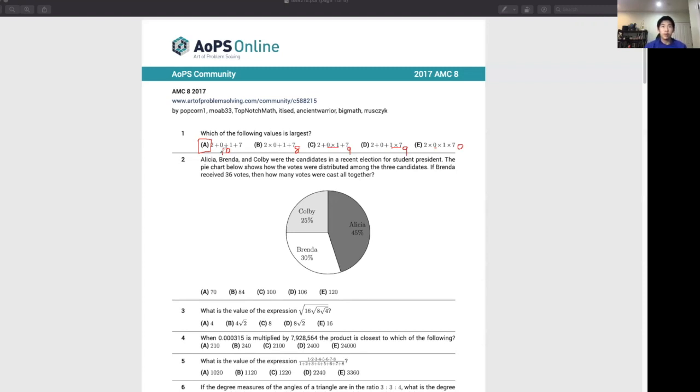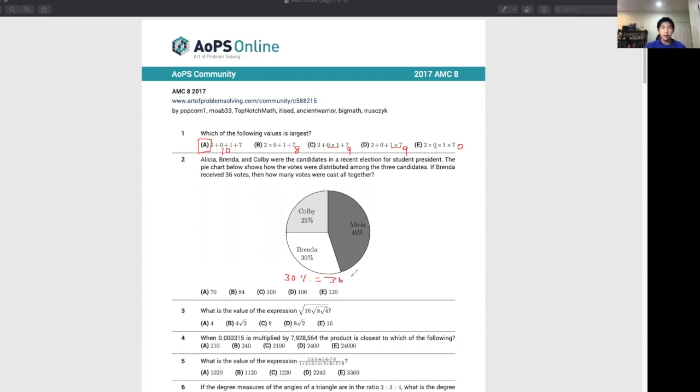Next, we'll go into problem 2. We have a pie chart showing vote distributions for 3 candidates, and the question says, if Brenda received 36 votes, how many votes were cast altogether? What we have from this chart is that 30% of the votes is equal to 36 votes.